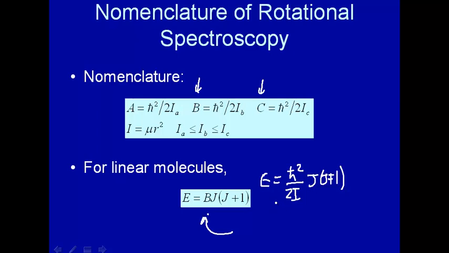All right, and this the chemists are going to call B. So that's equal to B J(J+1). So that's another change in nomenclature. The quantum number went from L to J, and M sub L to M sub J. And now we're combining these terms, h bar squared over 2I for linear molecules, and we're going to call that B. All right, with that, we can maybe go ahead and look in more detail at rotational spectroscopy.